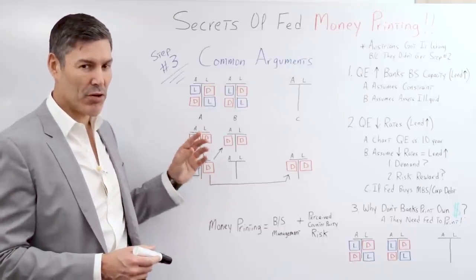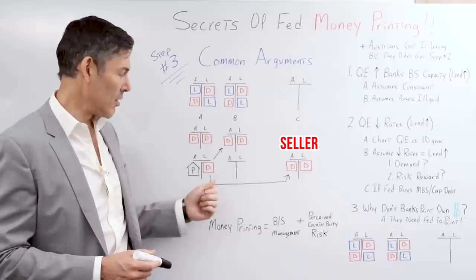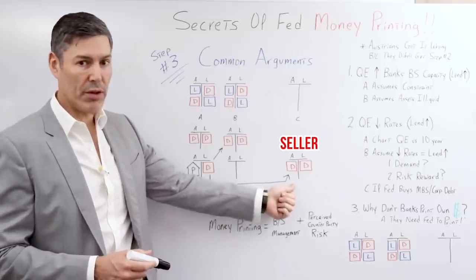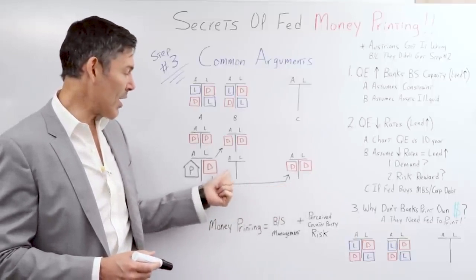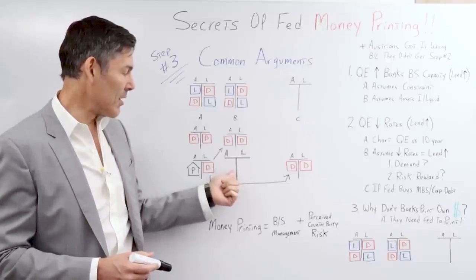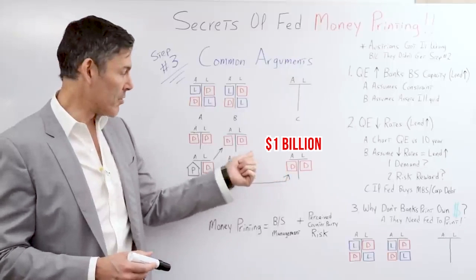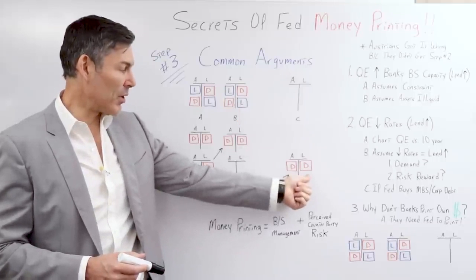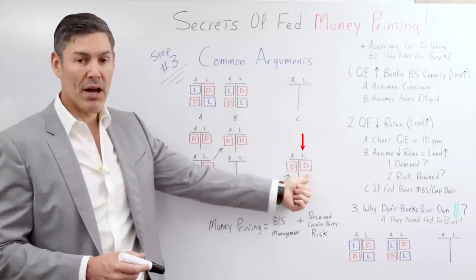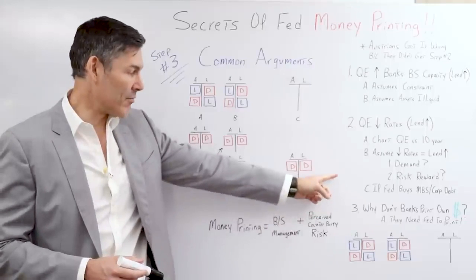Because let's think through what happens with this transaction, assuming the seller of the property was with Bank C. Well, to pay for the property, Bank A would have to instruct Bank B to send Bank C the $1 billion. So the deposit, which was a liability of Bank B, would now become a $1 billion liability of Bank C. And this would be an asset of the seller.